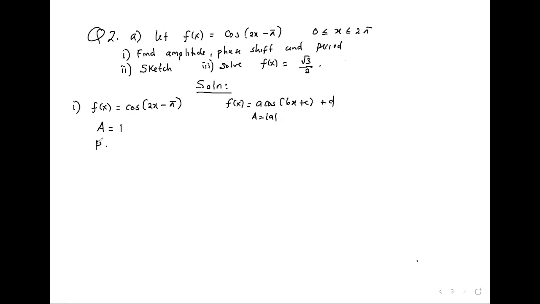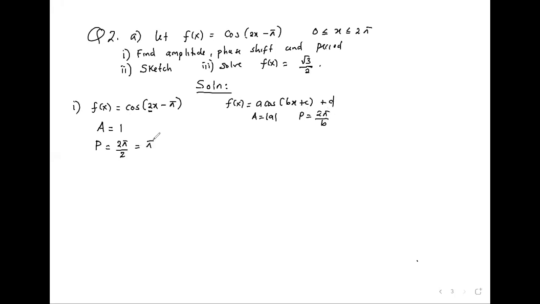The period is 2 pi over B. So what is our B here? B is the coefficient of x. So B is 2. So I get 2 pi.